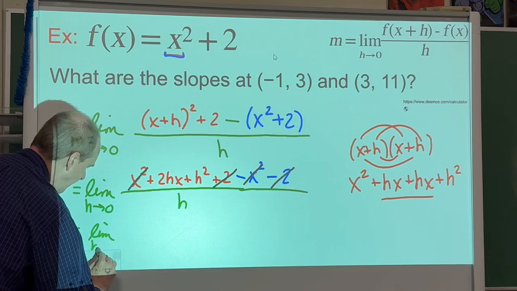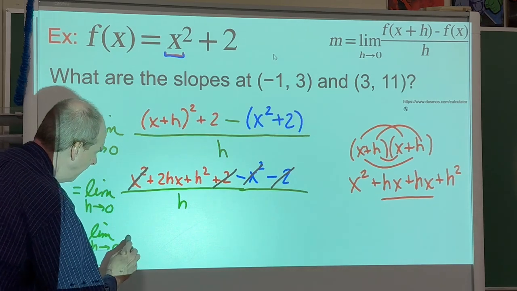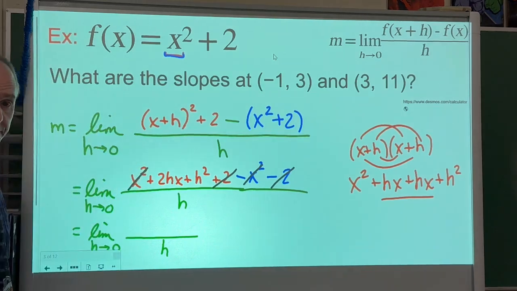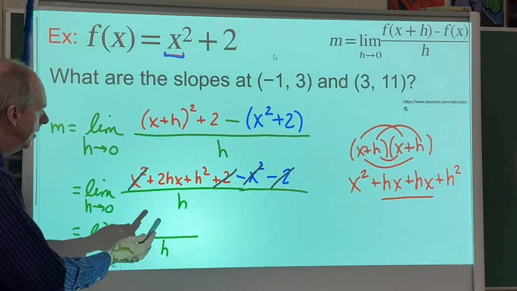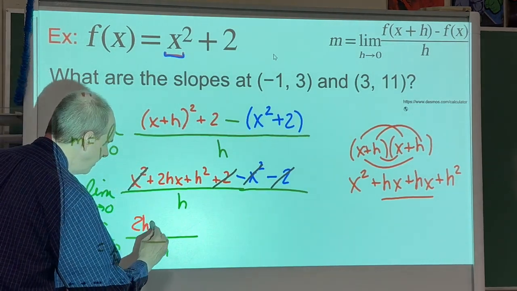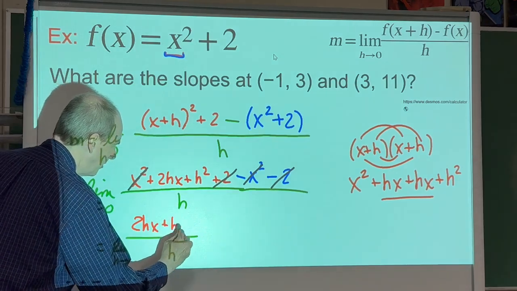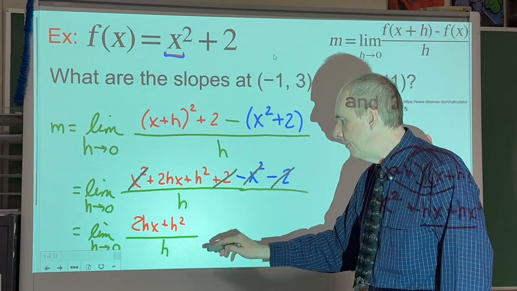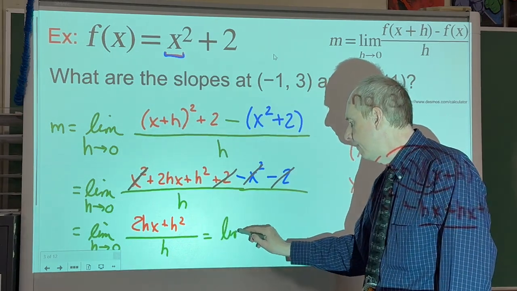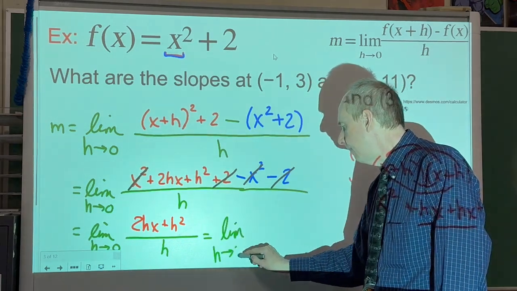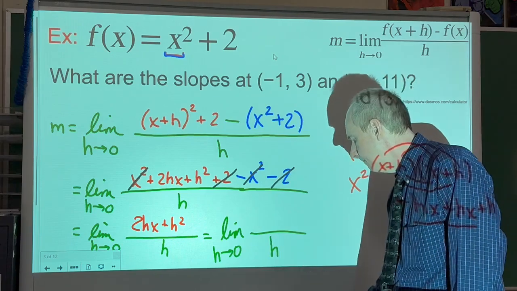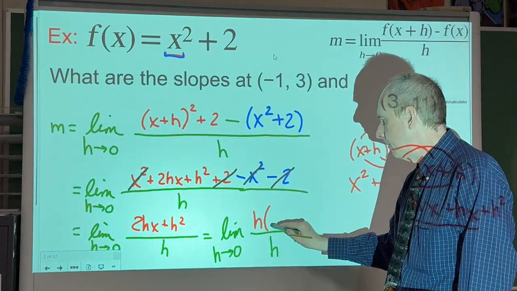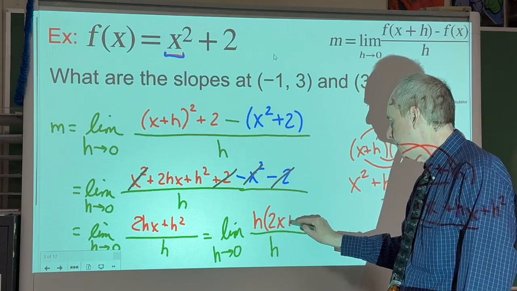So the limit as h approaches 0, starting to whittle down quite a bit. We have 2hx plus h squared. Well, as typical, these two have an h in common that we can factor out. Take an h out of here, take an h out of here, and we get 2x plus h.